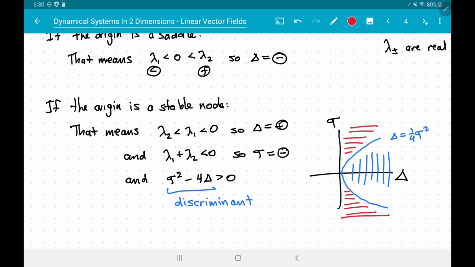Which means that the region that we're interested in here, the determinant is positive and the trace is negative and the discriminant is positive, that means that we have to be on the outside of the parabola and on the right half of the plane where delta is positive, and in the bottom half of the plane, which means that, let me write this in a different color.